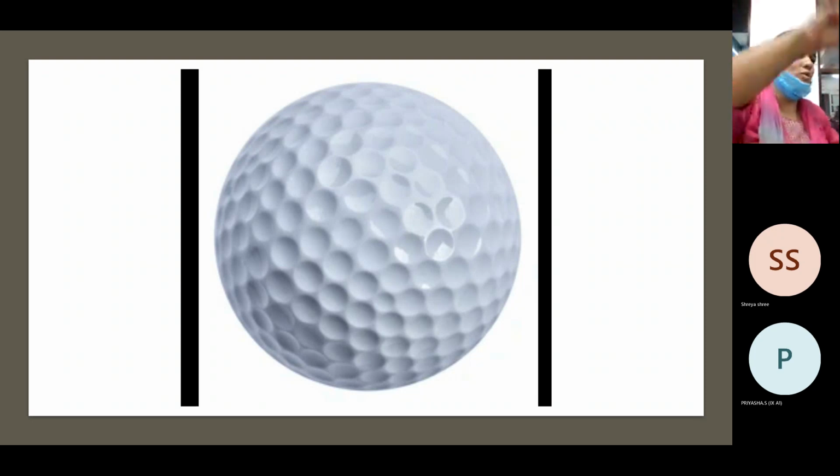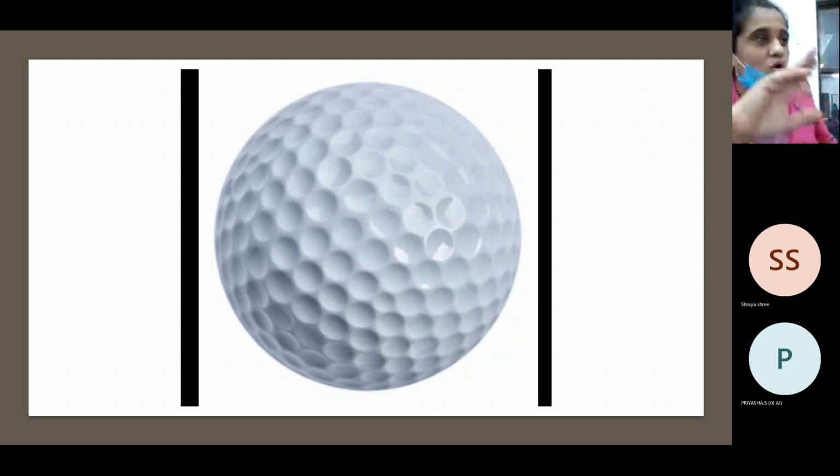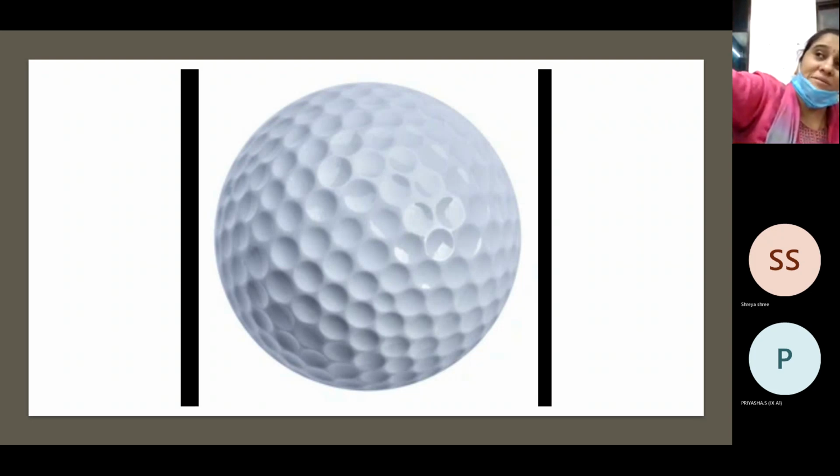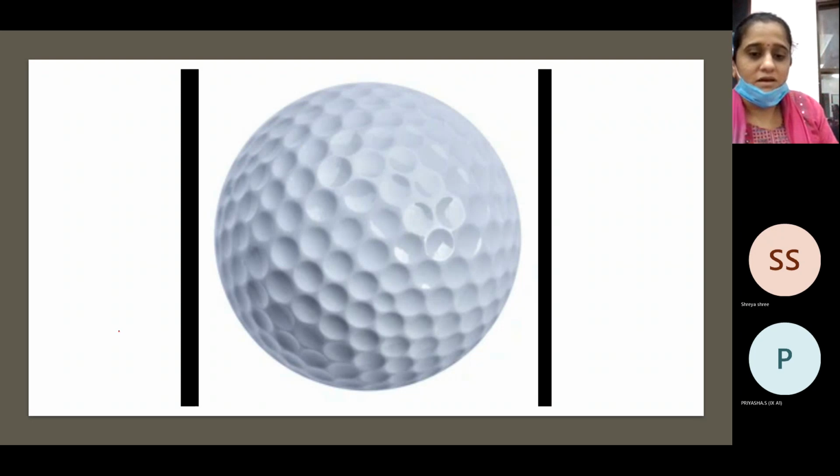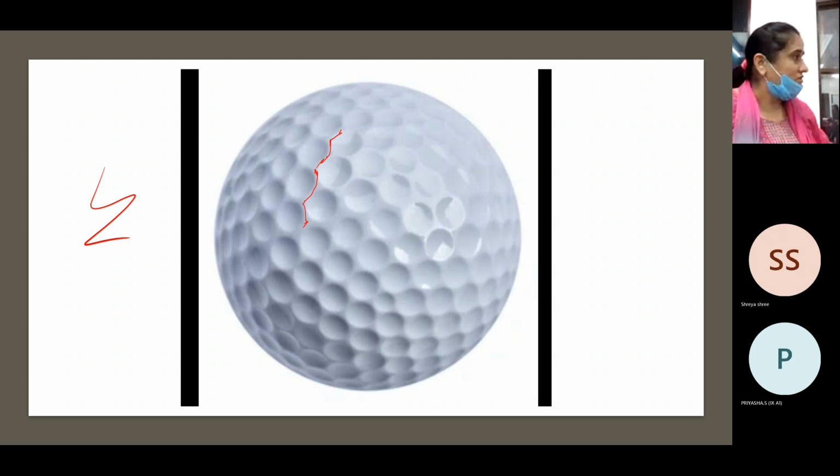If you have to paint, don't paint the hemispherical depressions. Between the hemispherical depressions, there is some area, no? Can you see? See here, all this area is between the hemispherical depressions.